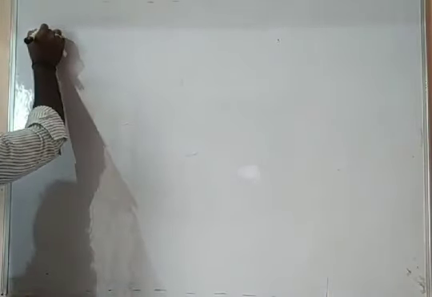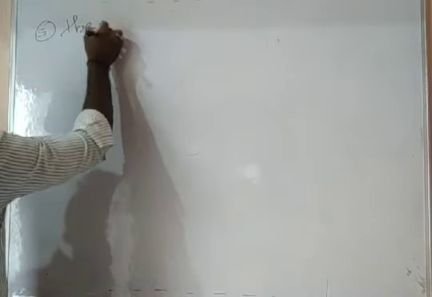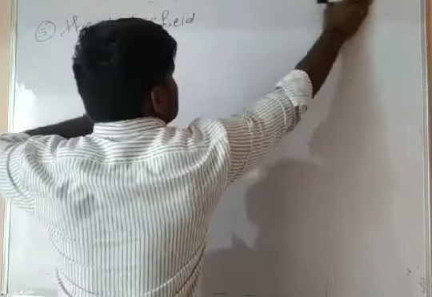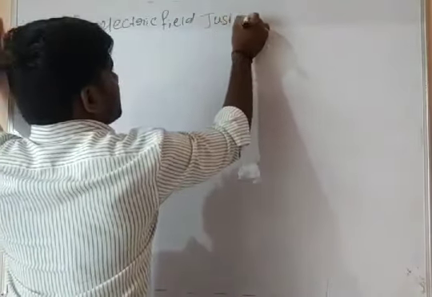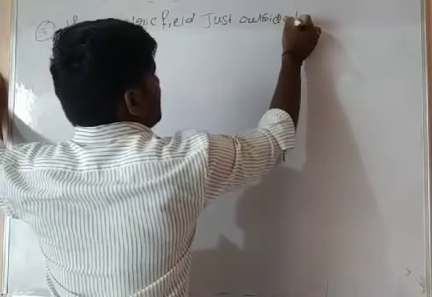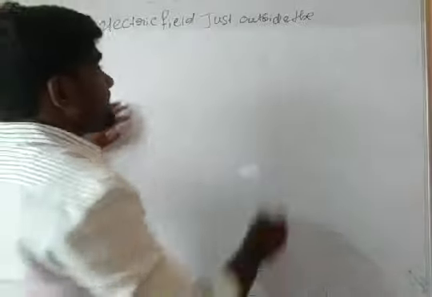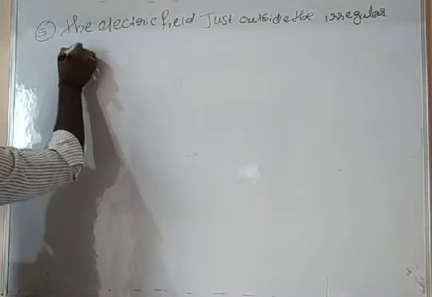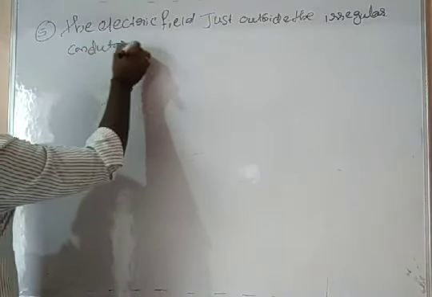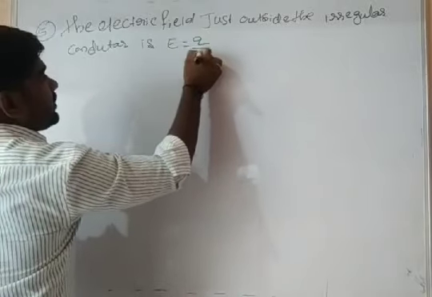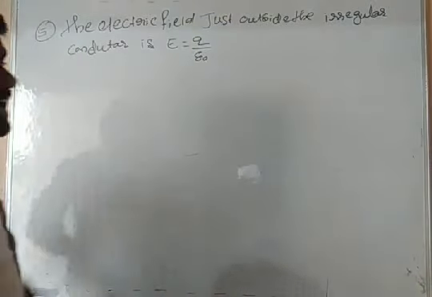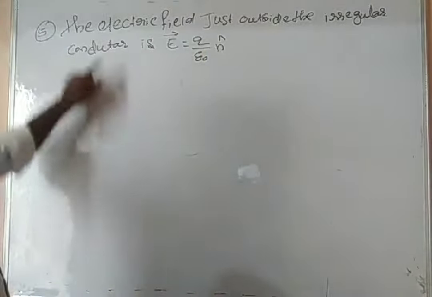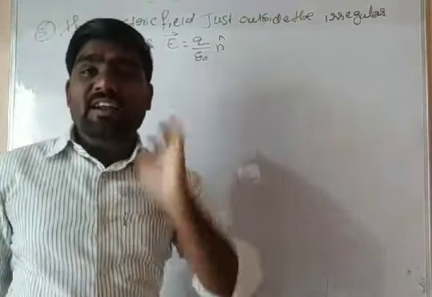The electric field just outside the irregular conductor is E is equal to sigma divided by epsilon naught, or if I write it in vector form, it will be times the unit vector n. So this is the electric field just outside the irregular conductor.